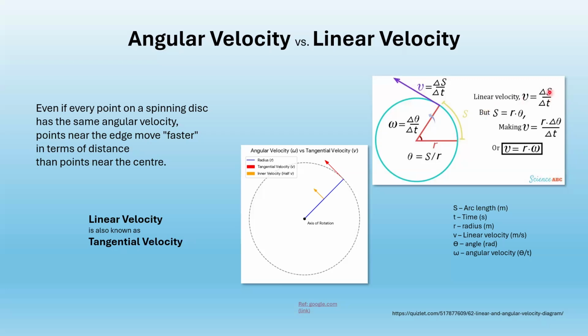So the linear velocity is the distance it travels per time, and the angular velocity, omega here, is how much angle it cuts through over time. Linear velocity is also known as tangential velocity, because if you draw a tangent on it, that would be the linear velocity at that moment, at this point of the circle.